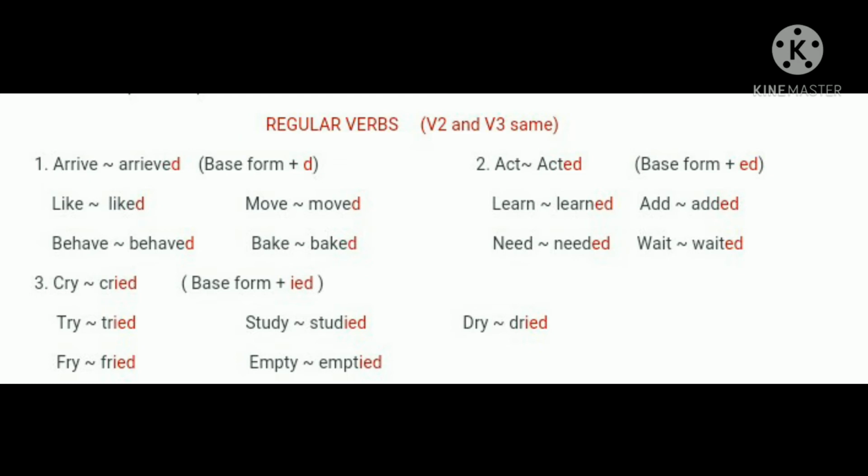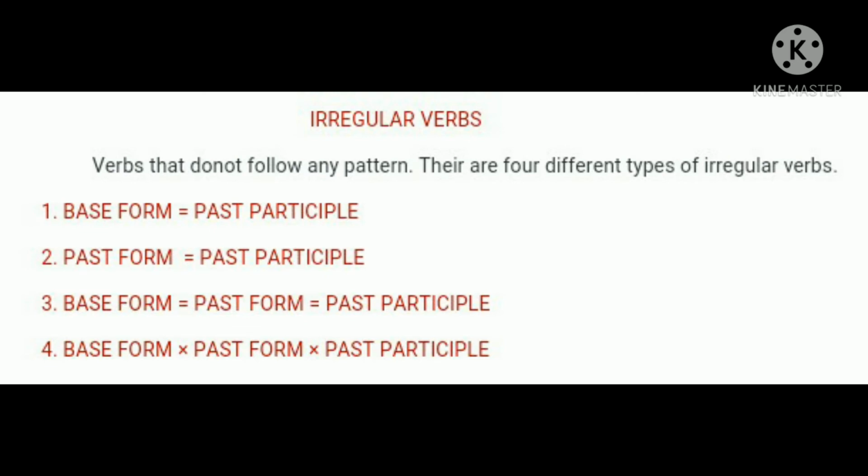Now let us come to the irregular verbs. As I told you earlier, these verbs do not follow any pattern. There are basically 4 different categories of irregular verbs. First one is where the base form and past participle form are the same.